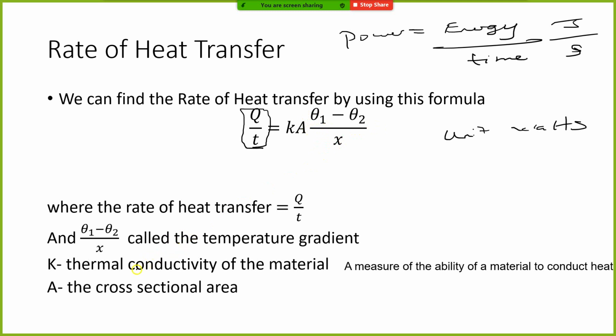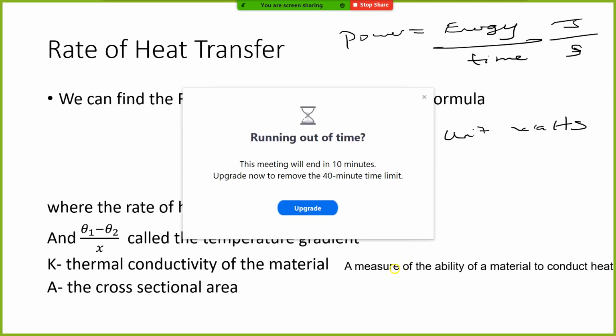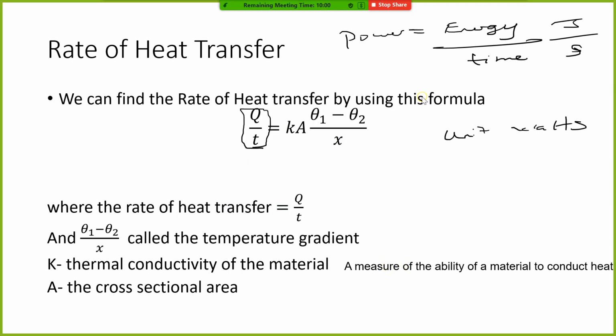Now, if you want to define the thermal conductivity, as I stated earlier, it is pretty much the ability of the material to conduct heat, all right? And if you have a much higher K value, then it means that it is much easier for that material to conduct heat. And we say that A is our cross-sectional area.